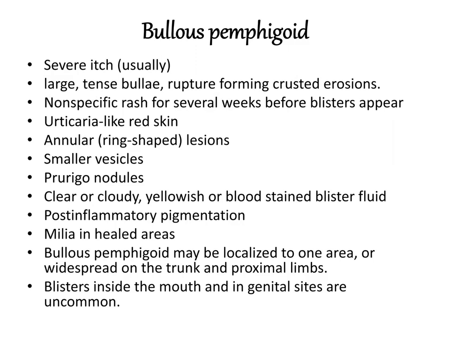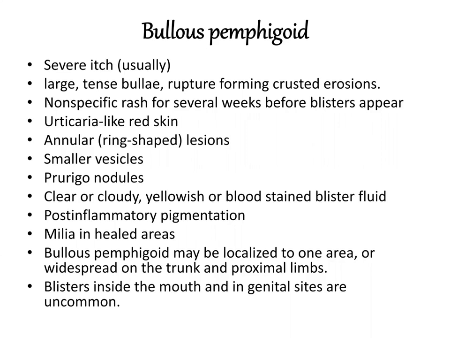It is usually itchy in bullous pemphigoid compared to pemphigus vulgaris, which is generally non-itchy. Large, tense bullae. We have the whole epidermis on top of the blister, so it is tense.